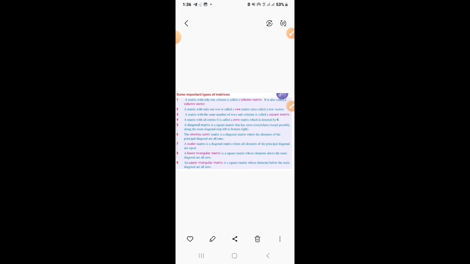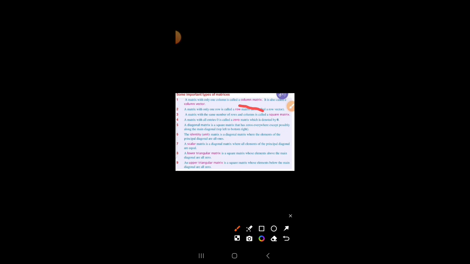Before we proceed to the operations of matrices, we have to define some important types of matrices. The first is that matrices can be classified as column matrix and row matrix. A matrix with only one column is called a column matrix. In the other way, a matrix with only one row is called a row matrix.